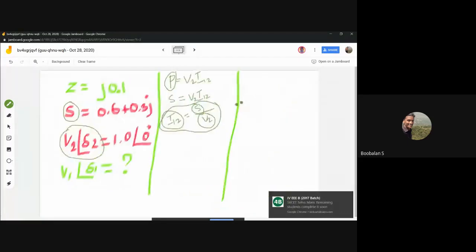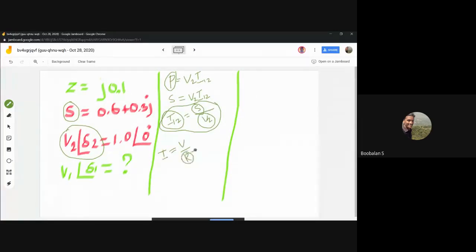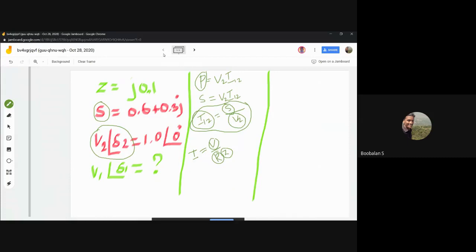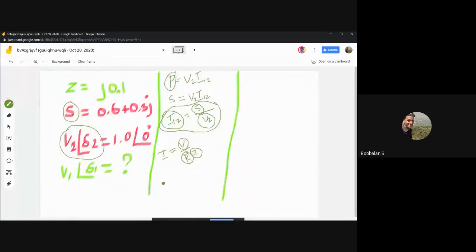It's a simple formula, simple Ohm's law: I equal to V by R. Instead of R we have impedance. So for V, we have two voltages, V1 and V2, that's why V1 minus V2. So I12 equal to V1 minus V2, and instead of R we have impedance, right?